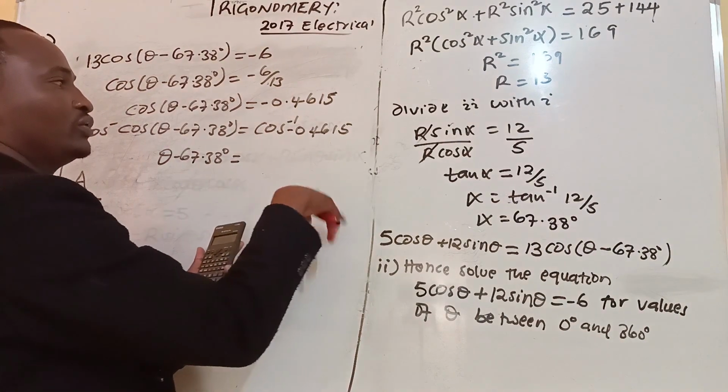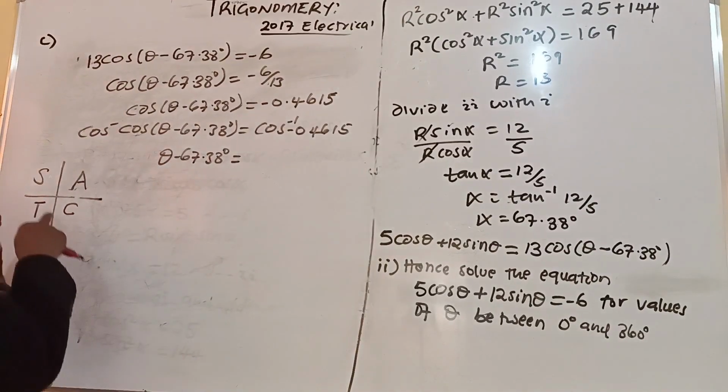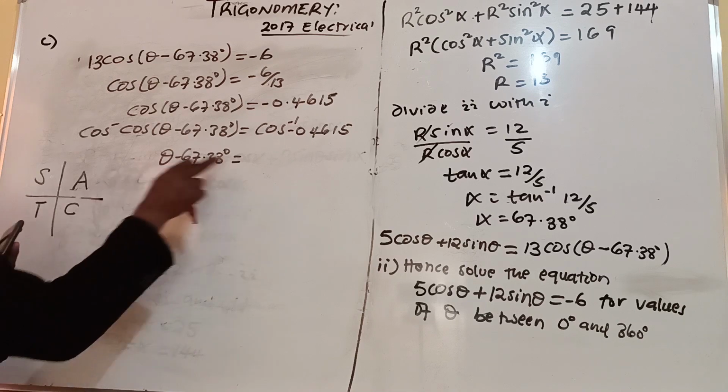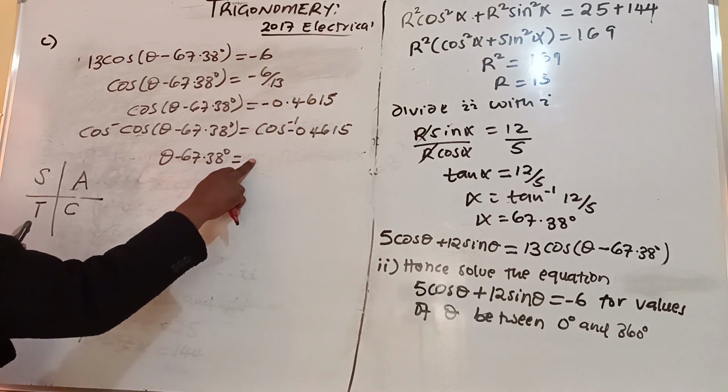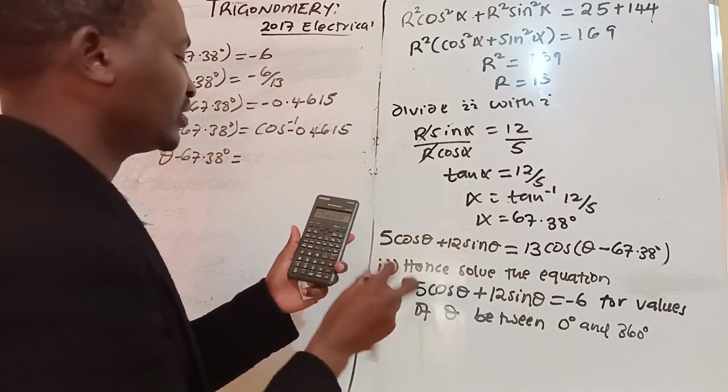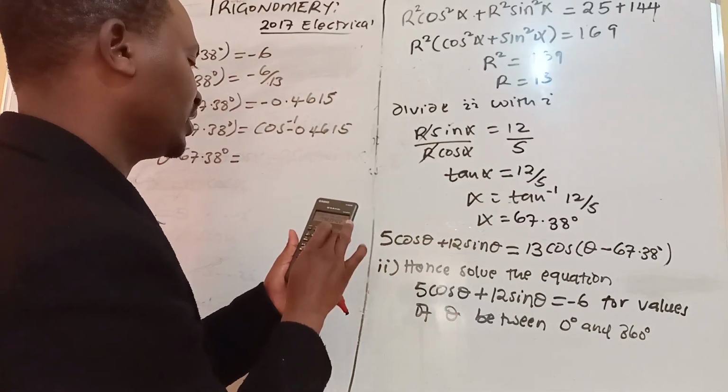But I want to show you another method that will easily help you get the angles in the third quadrant. You can directly get the angle in the second quadrant from the calculator, but for the third quadrant you need to do a bit of fine tuning.